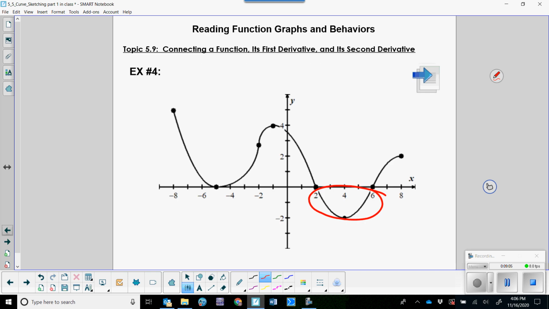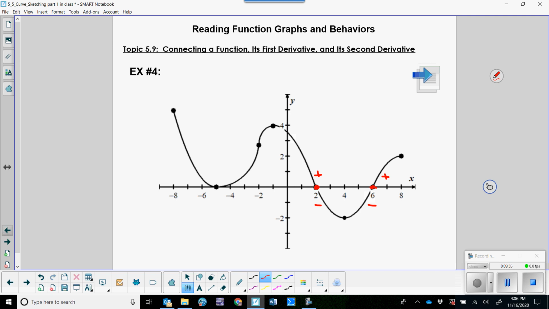So the only way to have an inflection point is if f changes concavity. Well, if f double prime, positive or negative, tells me concave up or down, then 2 and 6 will both be inflection points because the graph of f double prime changes from positive to negative and then negative to positive. And so that's what we're going to get for those places.